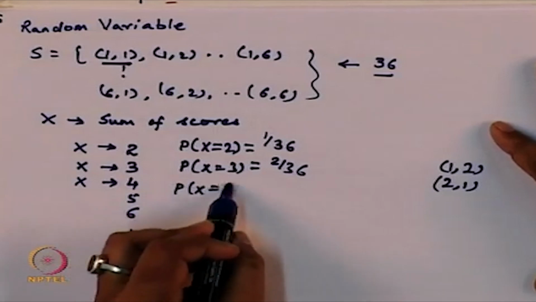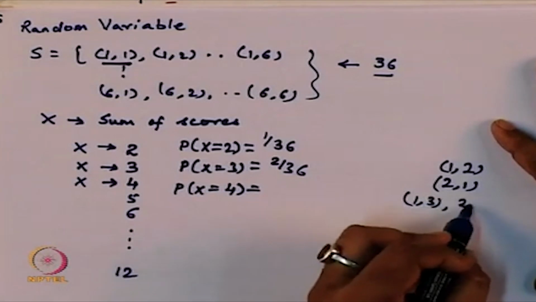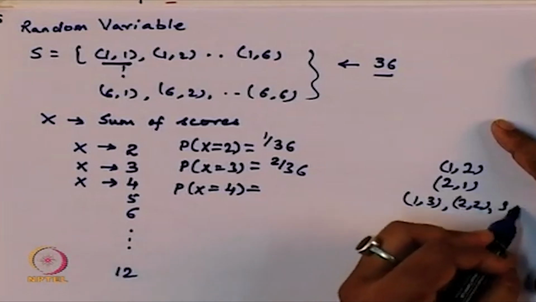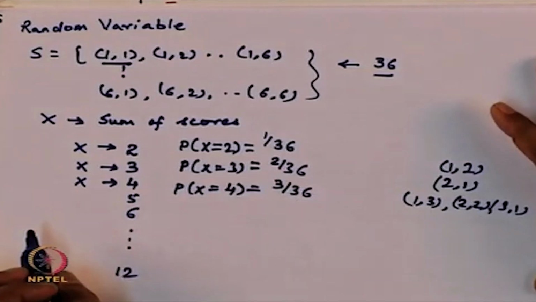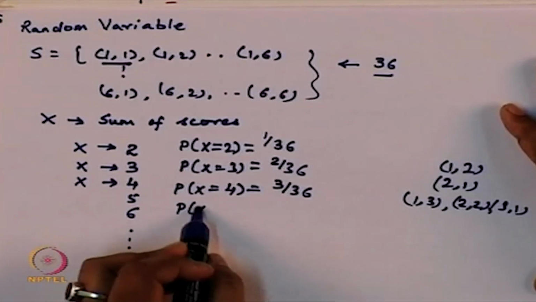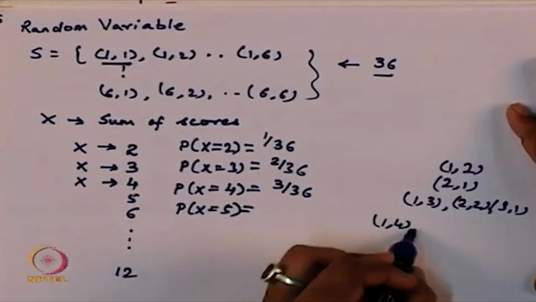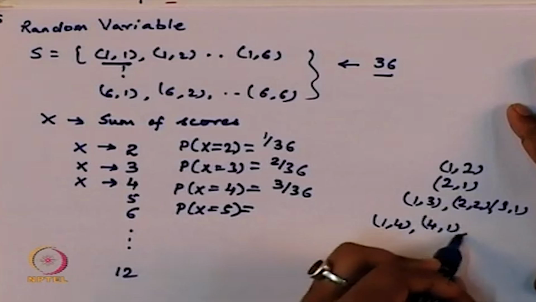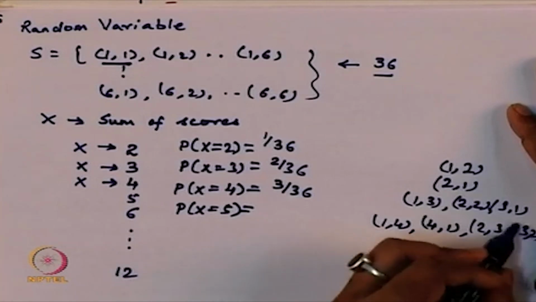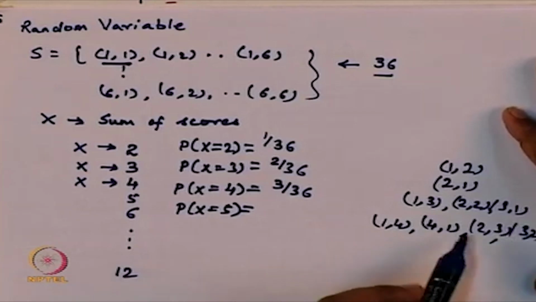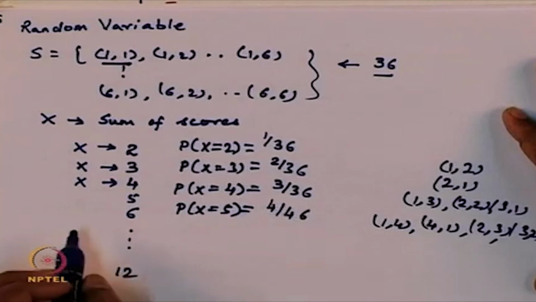Probability of x equal to 4: I have (1,3), (2,2), (3,1), so 3 by 36. Probability of x equal to 5: I have (1,4), (4,1), (2,3), (3,2), so this is 4 by 36.